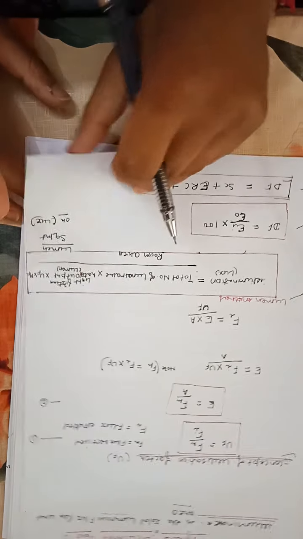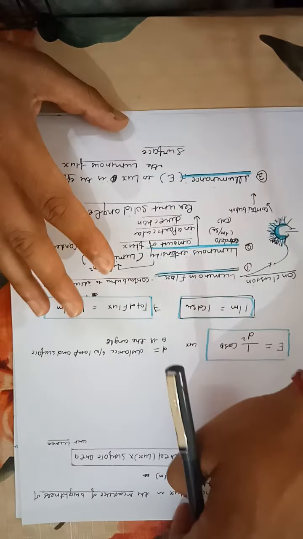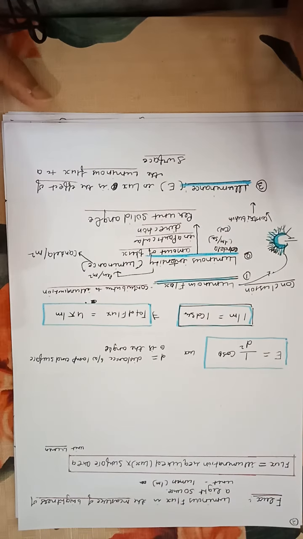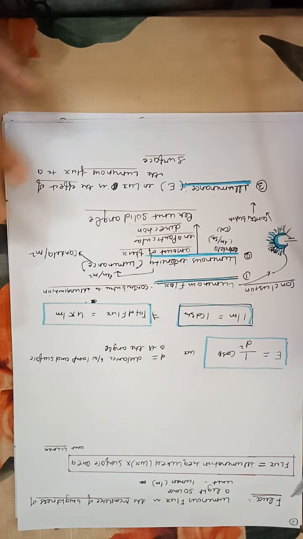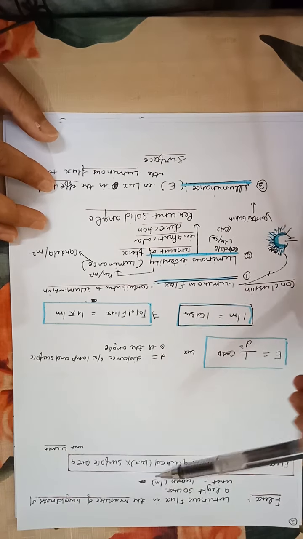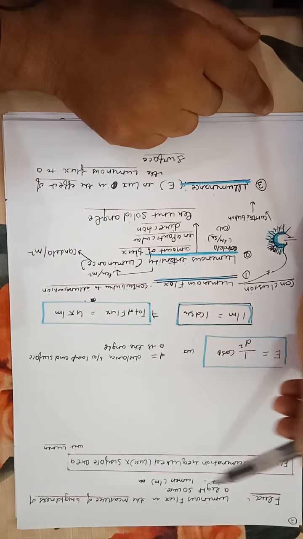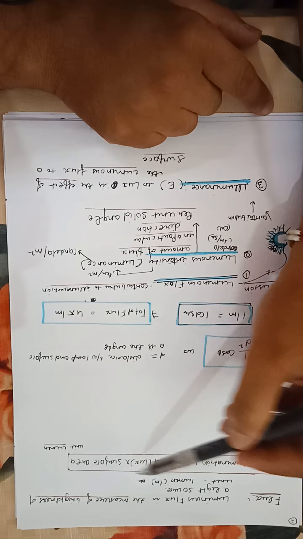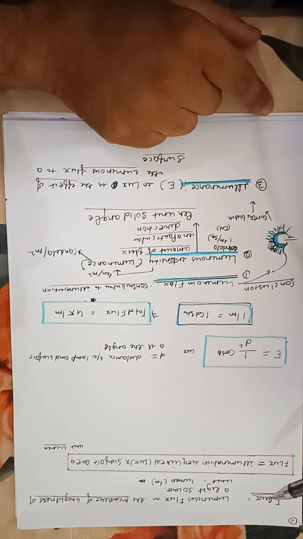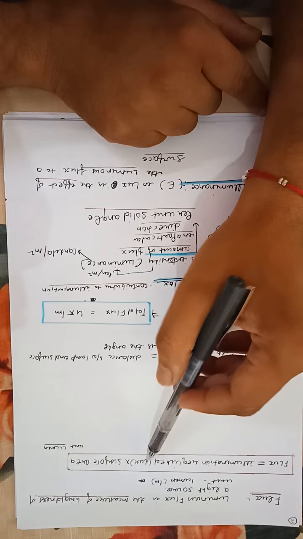Now flux: luminous flux is the measure of brightness of a light source. So flux is a measure of brightness, and we calculate it in lumen. So the unit is lumen. Illumination is different and flux is different; flux is what we call brightness. So flux will be illumination required into surface area.